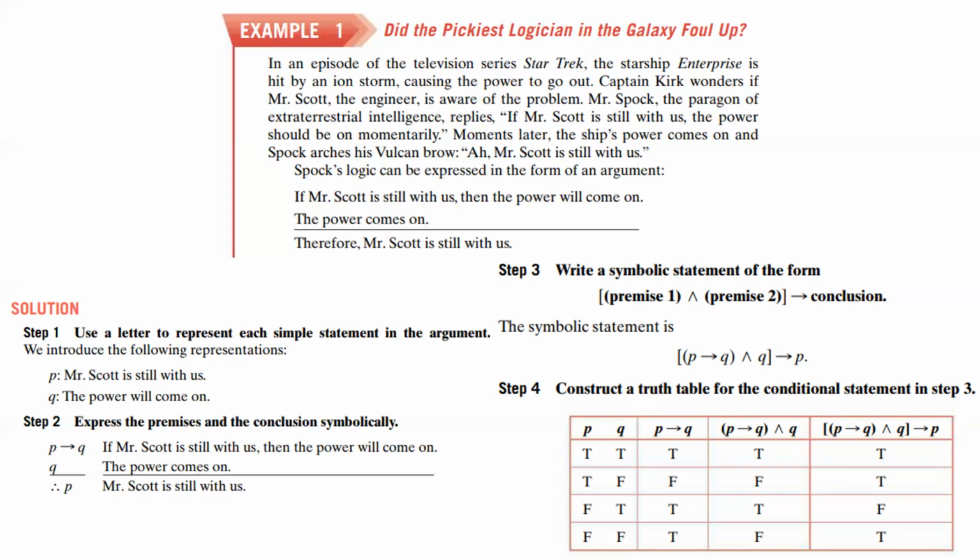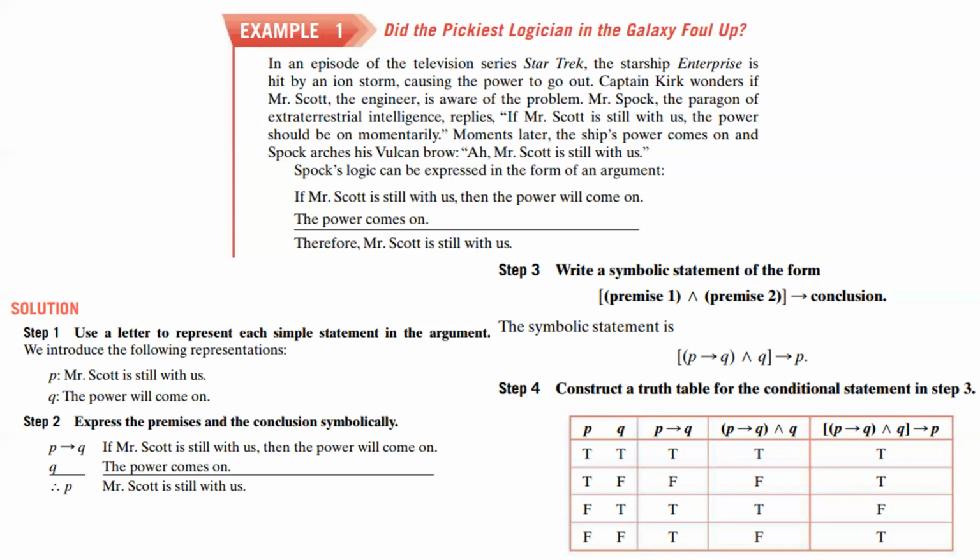I'm making this conclusion, which is supposed to be true no matter what. Well, in this particular case, we could have Mr. Scott not with us, and the power could come on, and all of your statements could hold true, but your conclusion is not true in that case.